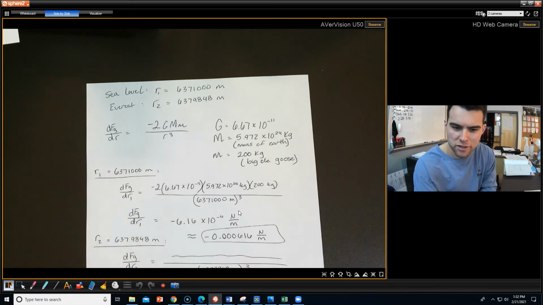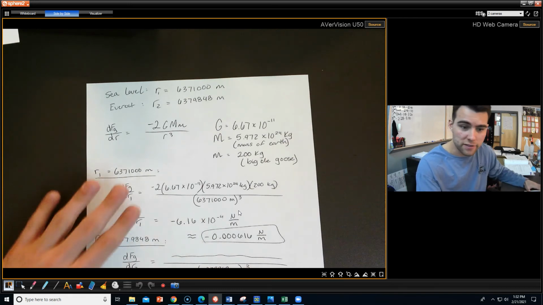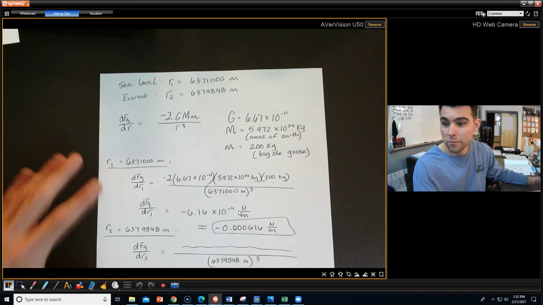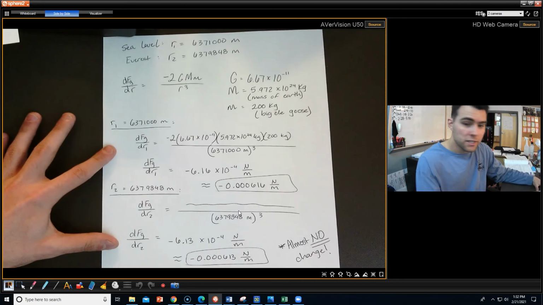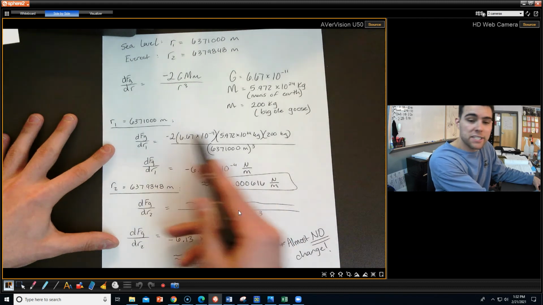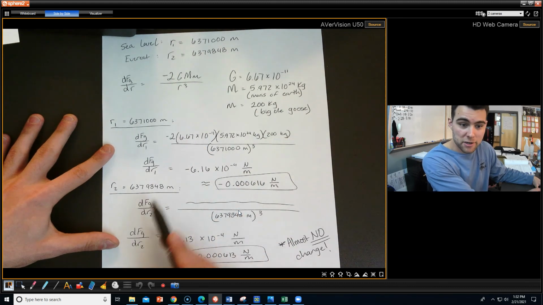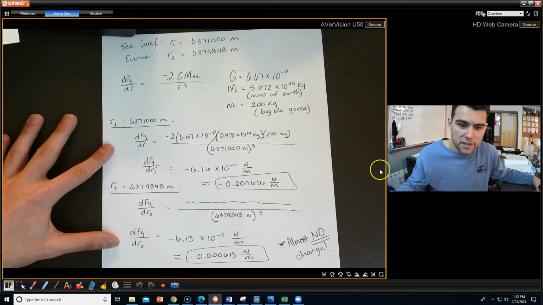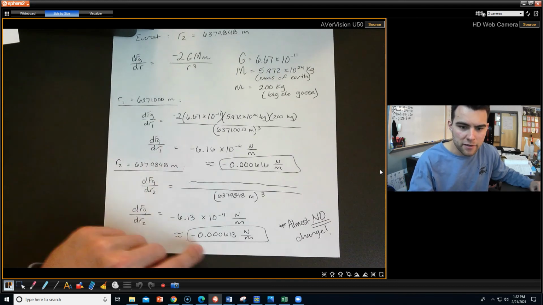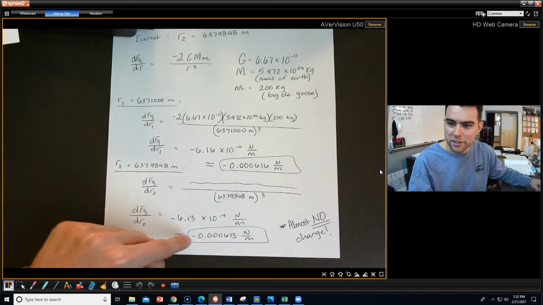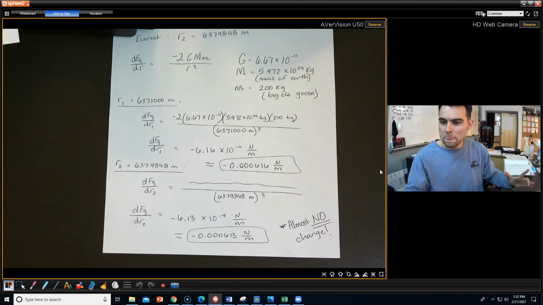We'll talk about that result in a little bit. I went ahead and did it with the second radius or distance. The top is the exact same copy. The only difference was this distance right here. And I ended up getting something very, very similar, almost identical.